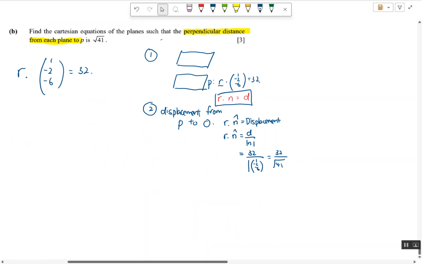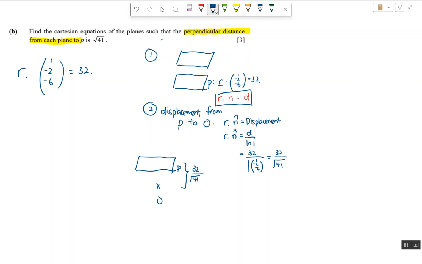So it means that P is 32 over square root 41 away from O. There is O here, there is P here, and the distance is 32 over square root 41.